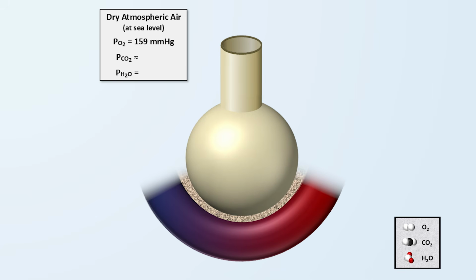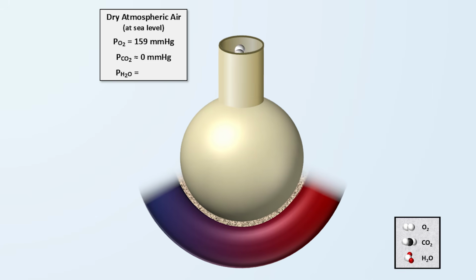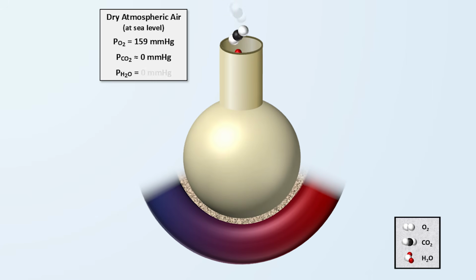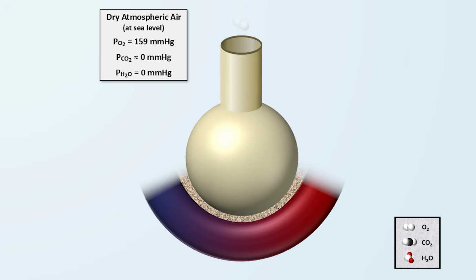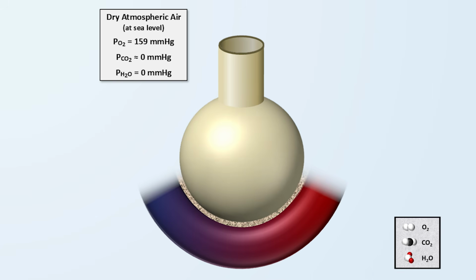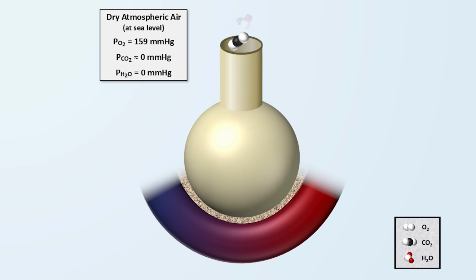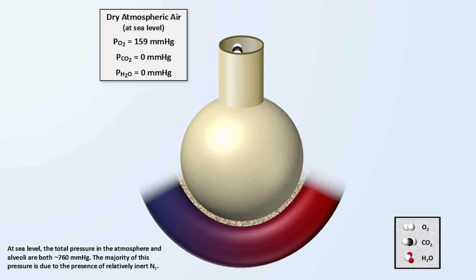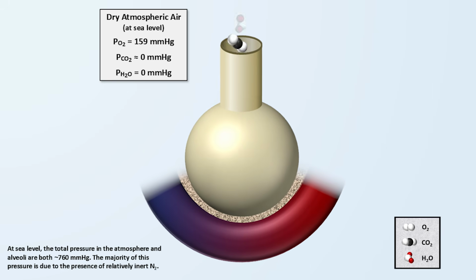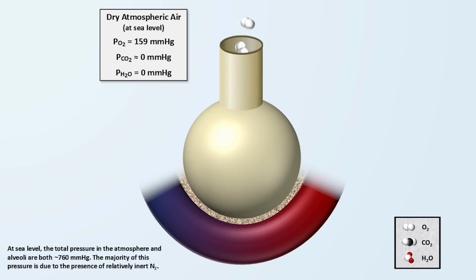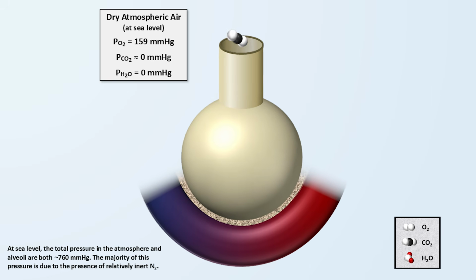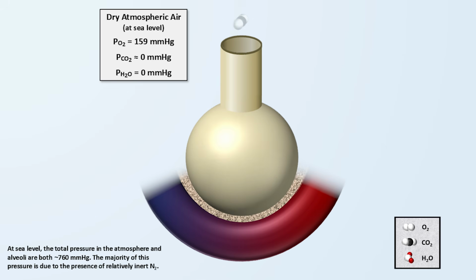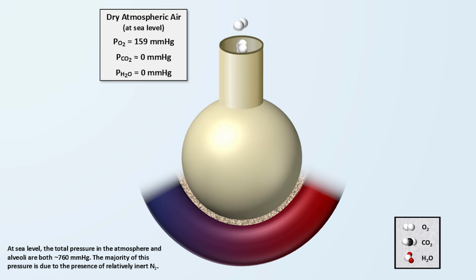That of carbon dioxide is low enough to approximate as zero, and dry air has no water vapor. If you're wondering where the other 600 millimeters of mercury of pressure comes from, remember that atmospheric air is mostly nitrogen gas, or N2. Nitrogen gas is biochemically inert and plays no significant direct role in human physiology outside of undersea diving, so we can ignore it for now.